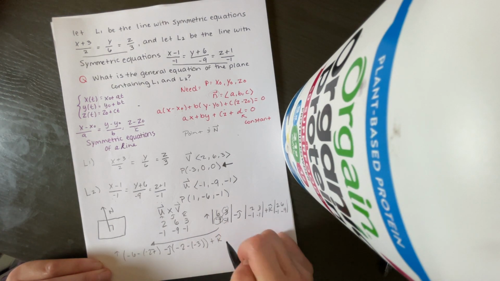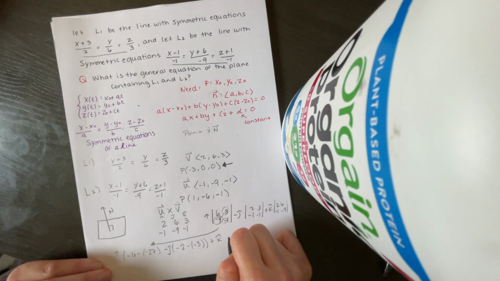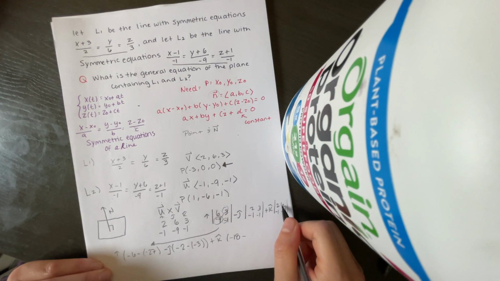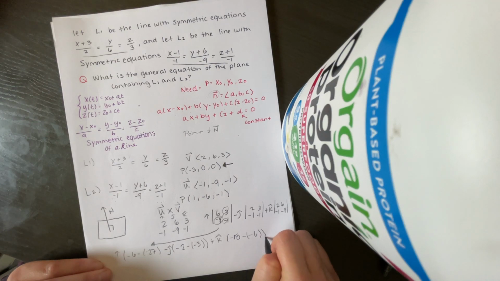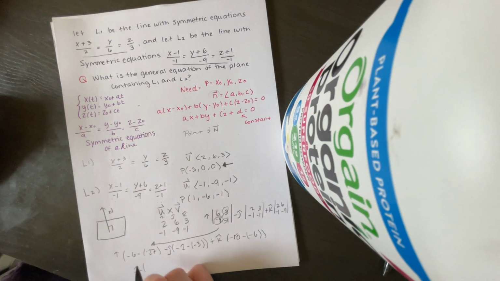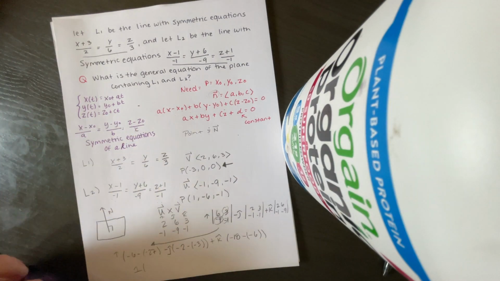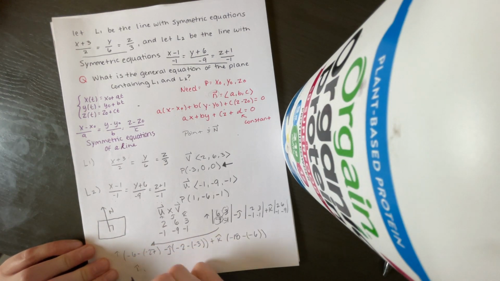Plus k: negative 9 times 2 is negative 18 minus 6 times negative 1 is negative 6. So negative 6 plus 27 is 21.